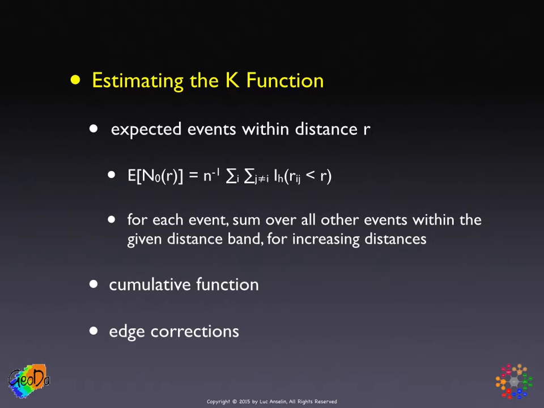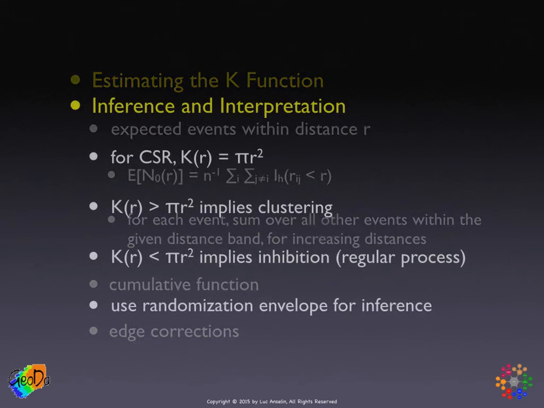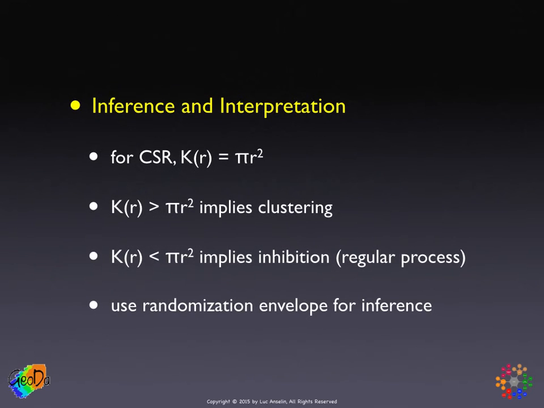So if the intensity is lambda and the area of the circle is pi r squared, we divide this by lambda, and what we end up with is pi r squared for complete spatial randomness. That is the reference that we compare the actual K function to.